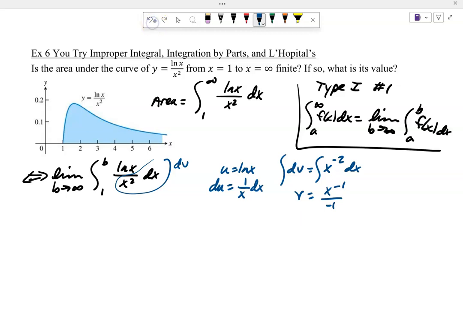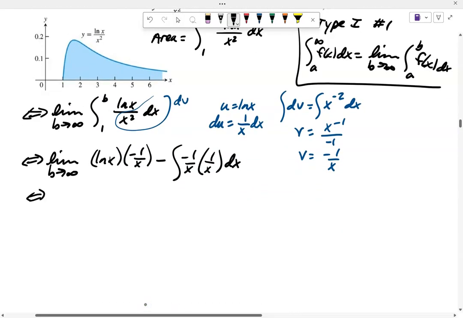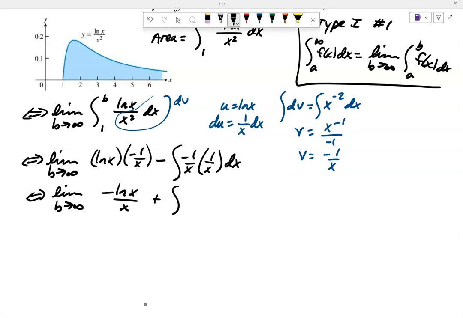And so we've got this becoming limit b goes to infinity of uv minus the integration of v du. There's our du, 1 over x dx. And so it looks like we've got negative ln of x over x plus the integral of x to the negative 2 dx.